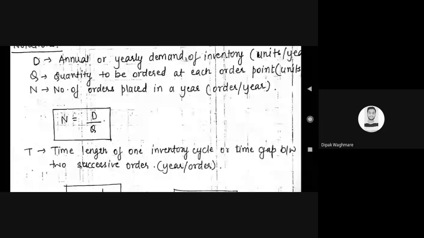N is equal to annual demand divided by quantity, so time is indirectly considered with the number of orders. The time length of one inventory cycle, the gap between two successive orders, is the reciprocal of the number of orders. We will require that for the examples.